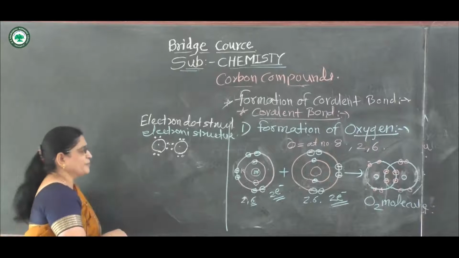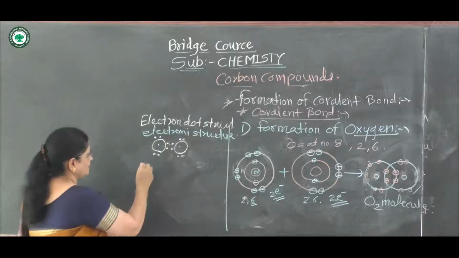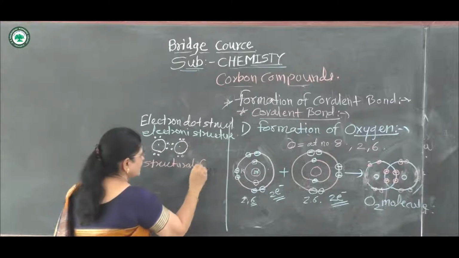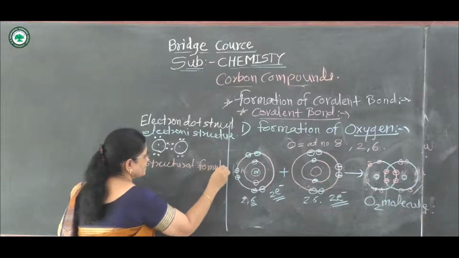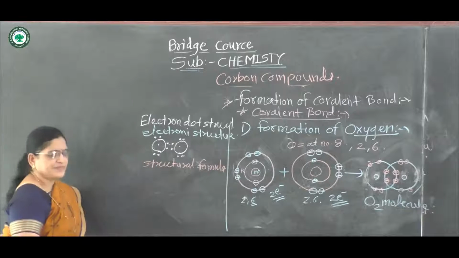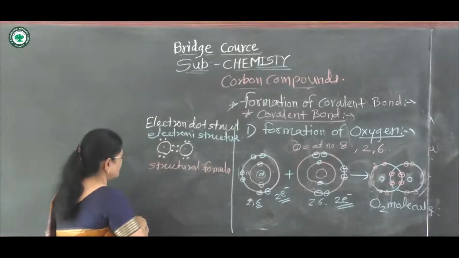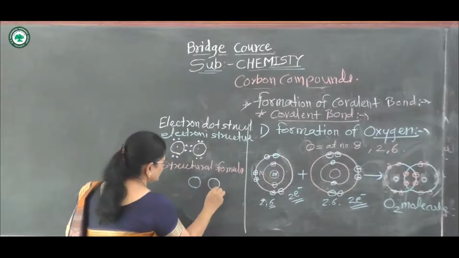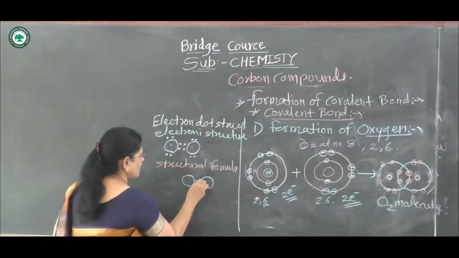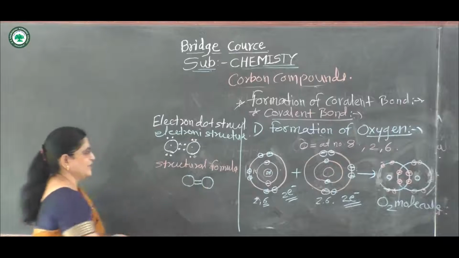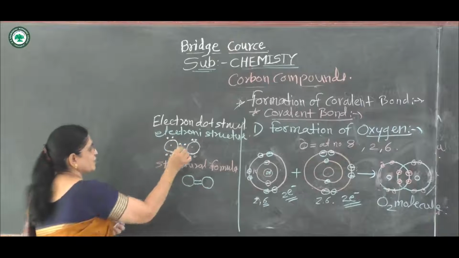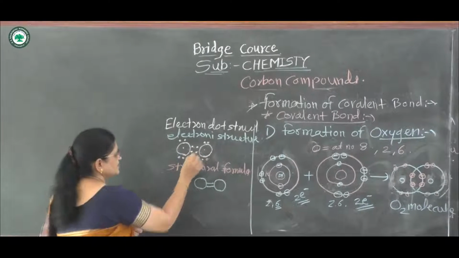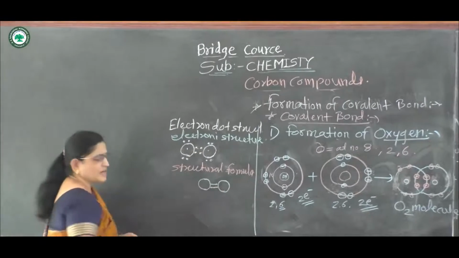Then the bond line formula, or structural formula, of oxygen. The structural formula of oxygen is shown as the first oxygen and the second oxygen with a double dash between them. That means one shared pair of electrons forms one single bond, and the second shared pair forms another bond.